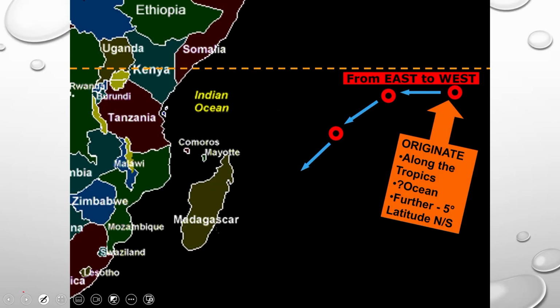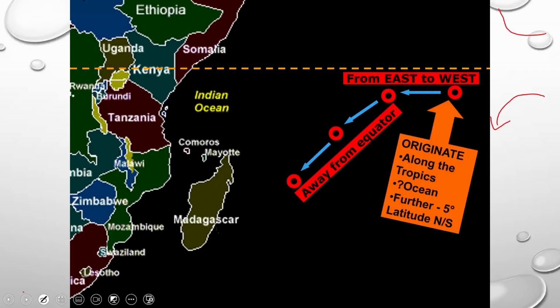Okay, let's see. There's the icon. But something is happening now. The arrow is starting to bend, meaning they don't simply move from east to west, but they also move away from the equator. There's a reason for that. And the examiner is also interested in that. Remember that the Coriolis force affects any wind or any air that moves.